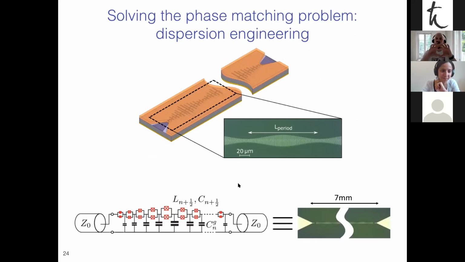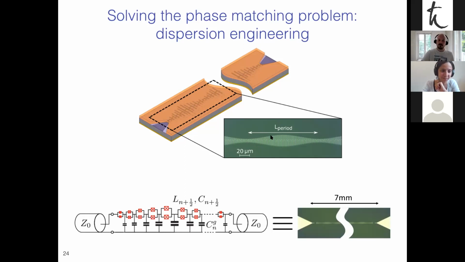So instead of having a homogeneous array, we somehow modulated the size of the Josephson junction. So basically, the impedance of the device is modulated versus length.